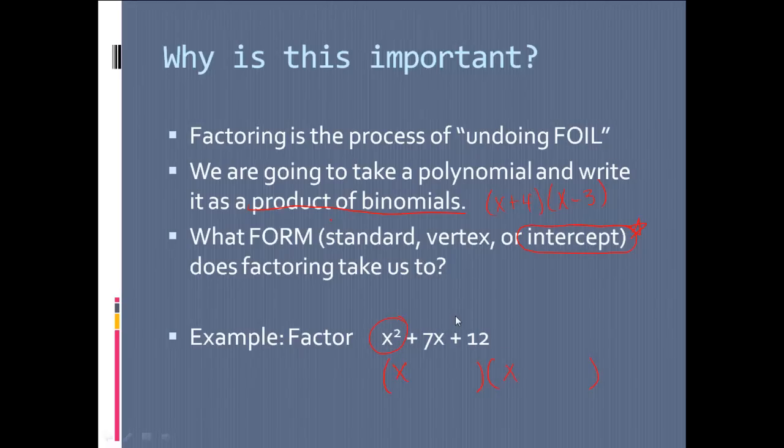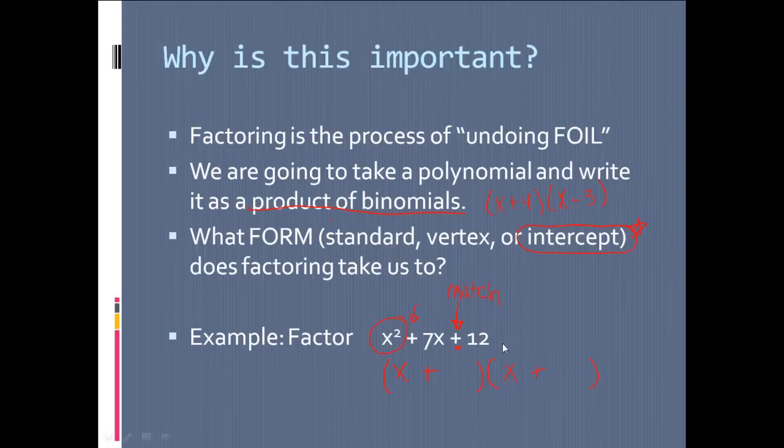Then the next thing I want to look at is this last sign. Now if you remember from the previous slide, when this is a positive, that means my signs in my binomials match. Now I can look at this one and they match as plus signs. So I know I'm going to have a plus and a plus.